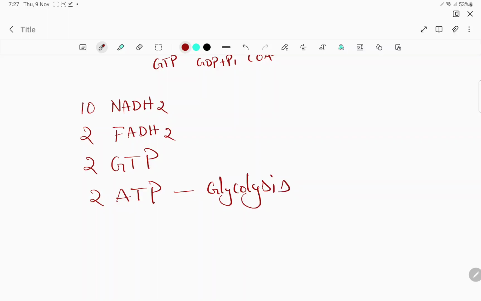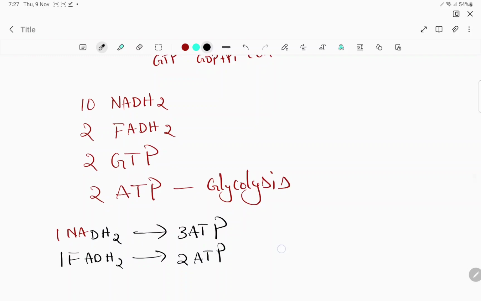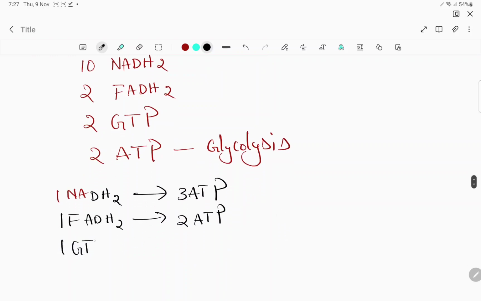Okay, so let's see. For 1 NADH2, 3 ATP are produced. For 1 FADH2, 2 ATP are produced. 1 GTP is equal to 1 ATP.